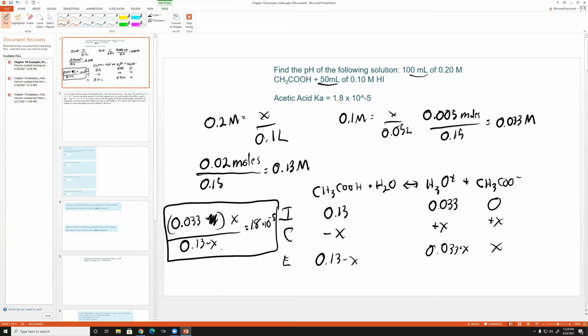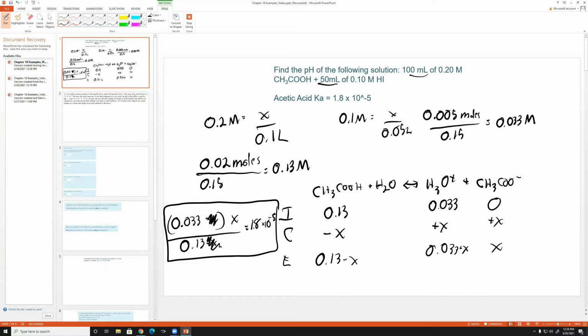The rule is your Ka needs to be 10 to the third different than your concentrations, or more. If you have a 10 to the negative fifth difference or 10 to the seventh difference, that's really good. But in this case, it's exactly 10 to the third difference, or more, so it will be acceptable for this case.